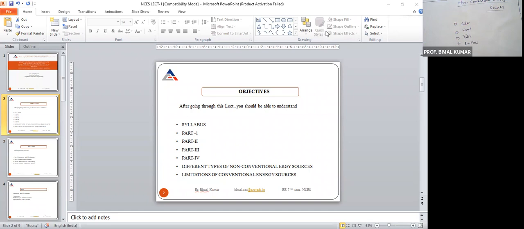It states that whenever there is a rate of change of flux, an EMF is induced across the coil or conductor. There are two laws of Faraday.